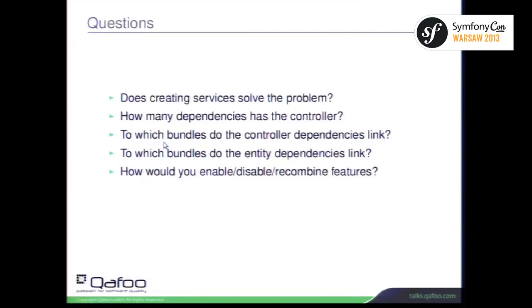So now the last question is like the last slap on the problems. How would you actually enable or disable specific features of that, or recombine them? So what if the product manager now comes and says, okay, let's do it this way. We implemented contact establishment the way Facebook works, but let's change it to the way LinkedIn works.